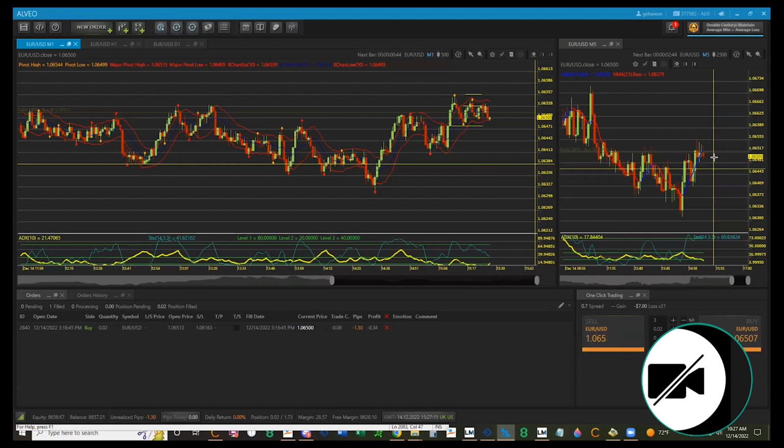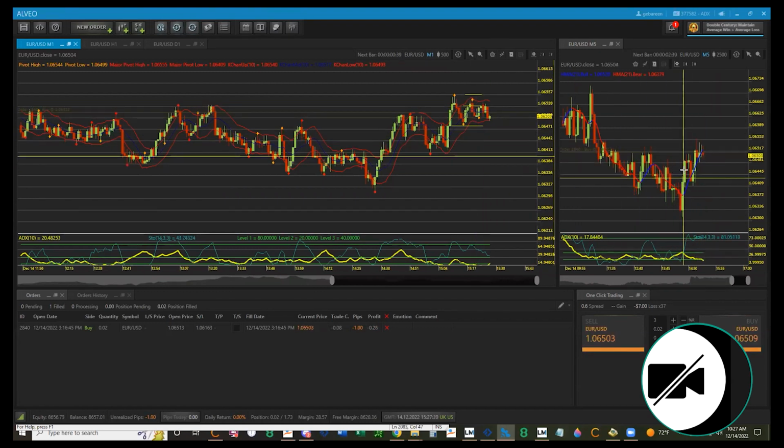That's the most likelihood I feel, because of all these wicks at the top and the slowing upward momentum. It had 1, 2, 3, 4 chances to break the top, and it didn't.